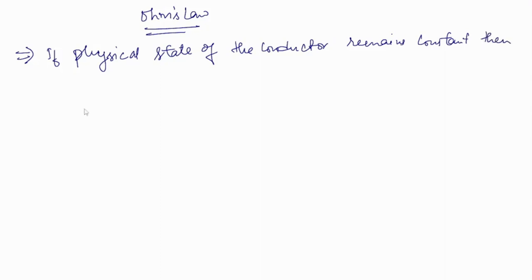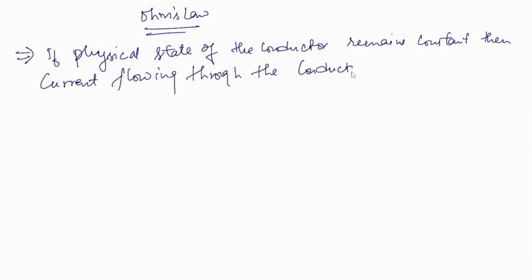then the current flowing through the conductor is directly proportional to the potential difference across its ends.